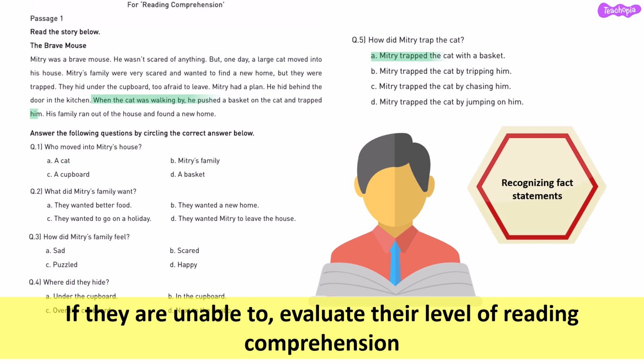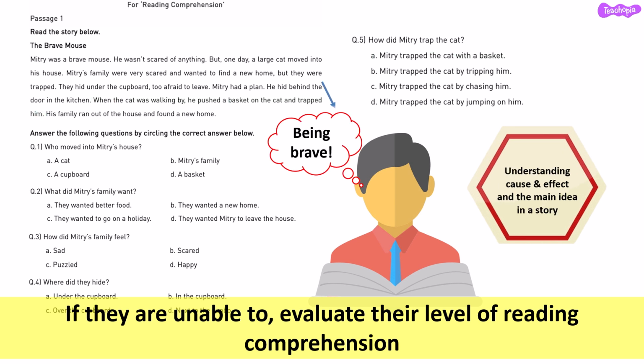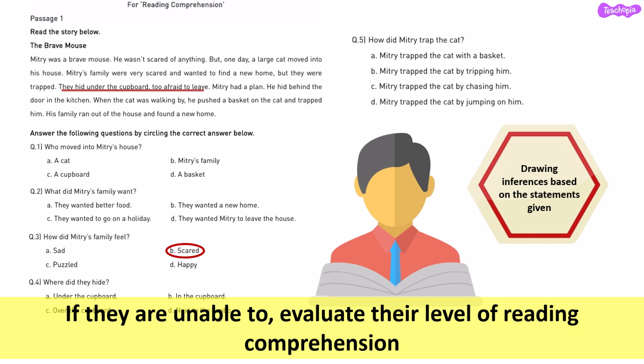Identify fact statements in a story, understand the cause and effect in a statement, and therefore comprehend the main idea. Make the correct inferences based on the statements given in a story. If you find learners lacking in any of these competencies, redirect them to the corresponding learning sheets.